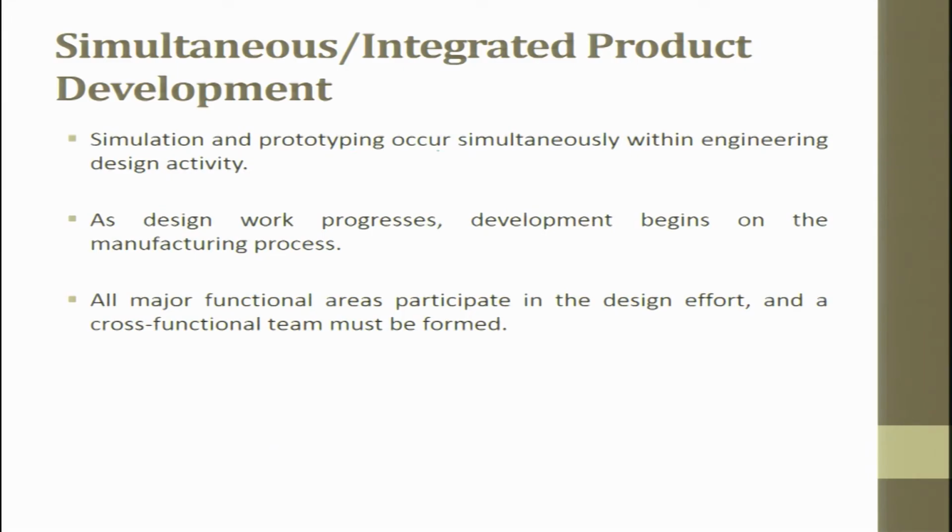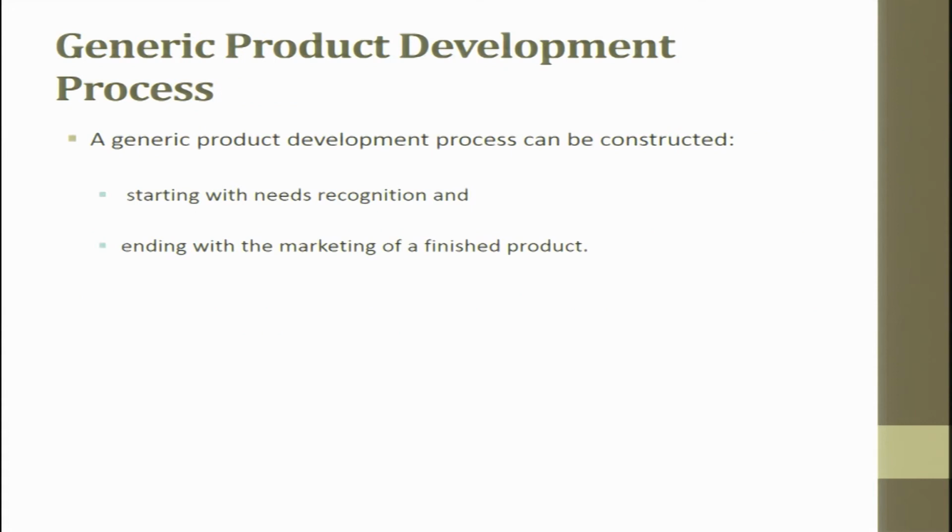Simulation and prototyping occur simultaneously within the engineering design activity. As design work progresses, development begins on the manufacturing process. All manufacturing functional areas participate in the design efforts and cross-functional teams must be formed. So, this will try to bring in a healthy environment while product development.